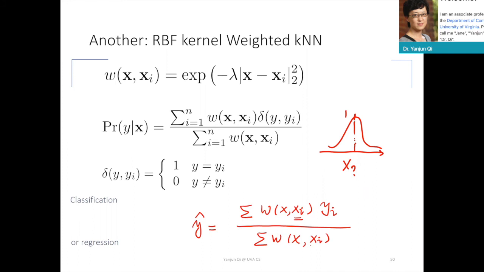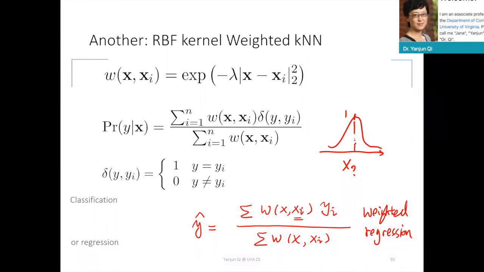This is a weighted version of k-nearest neighbor. This equation is called weighted kernel regression, or weighted RBF regression in this case, because we are using RBF kernels.